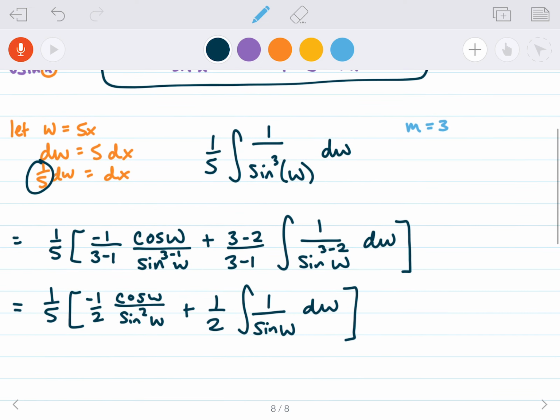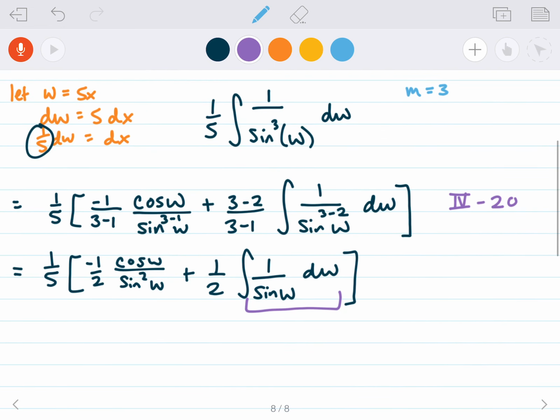Okay, so we need to evaluate 1 over the sine of w, and I'm going to use a different rule for that. I'm going to use number 20, Roman numeral 4, to do this part right here. So let's write it out.